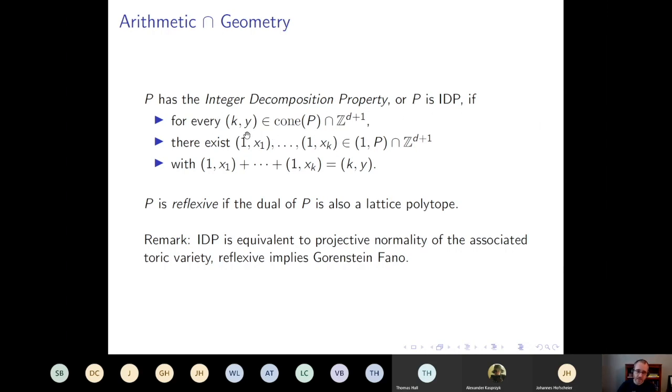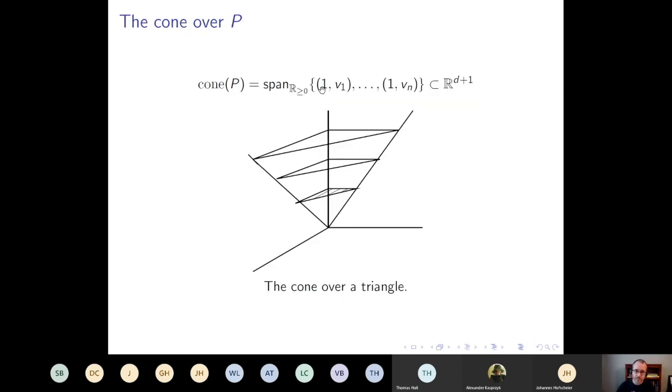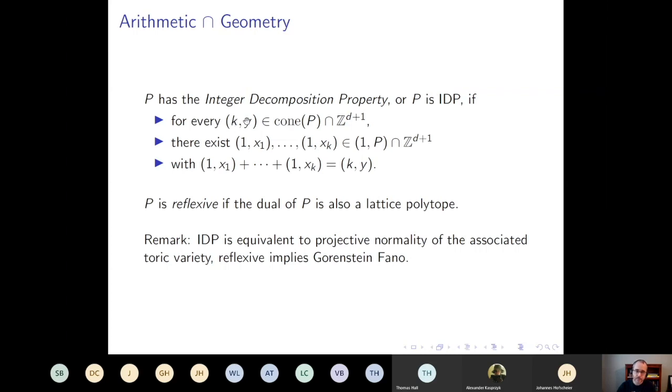But P is IDP if for every point y in the cone at height k, so the 0th coordinate is this height coordinate because I'm appending the height 1 at the beginning, there exist k lattice points in P lifted to height 1 such that those lattice points sum up to ky.